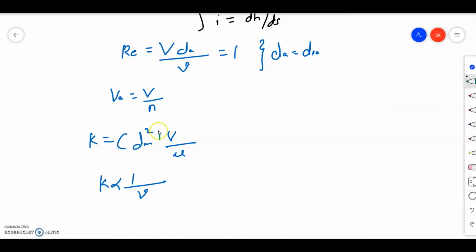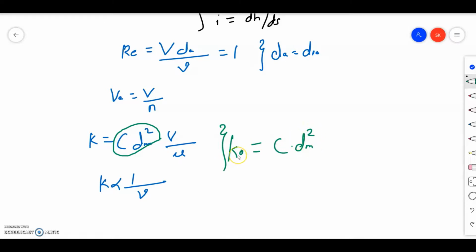K naught is another terminology. So this K naught is equal to C into dm square. Now what is this K naught?